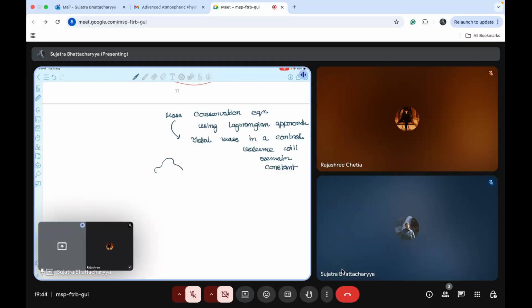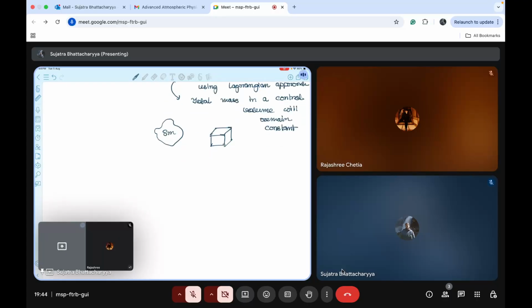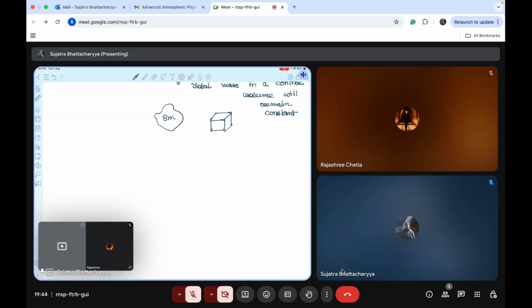Let us consider an arbitrary shape, or you can consider a cubic shape, whatever you want. Better to take a cubic shape because we are looking into a Cartesian coordinate. This is x, this is y, this is z.